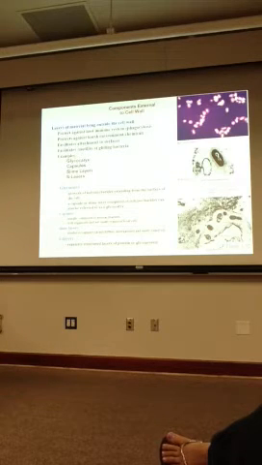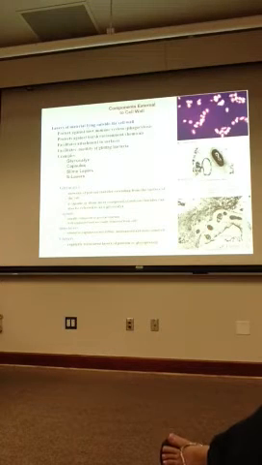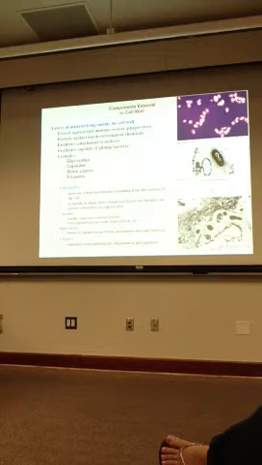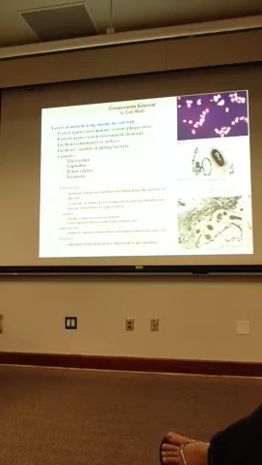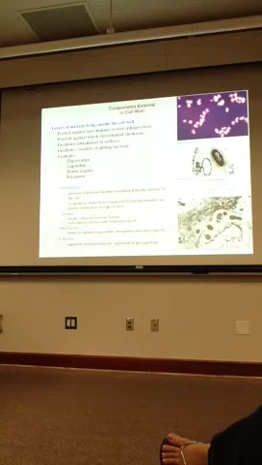This is important. You should know these 4 types of extracellular material that the bacteria secrete. They all have pretty similar functions. When something's sticky, it prevents desiccation, so the water can't escape very easily.